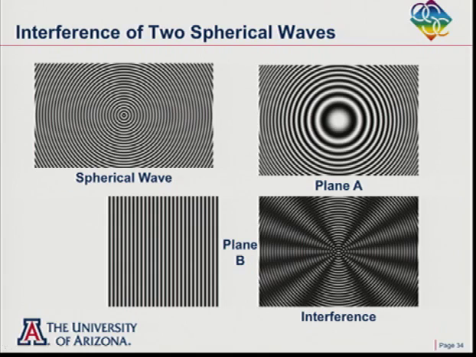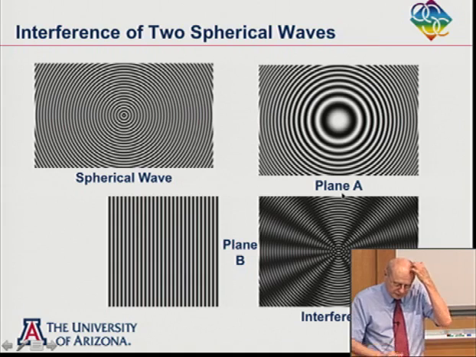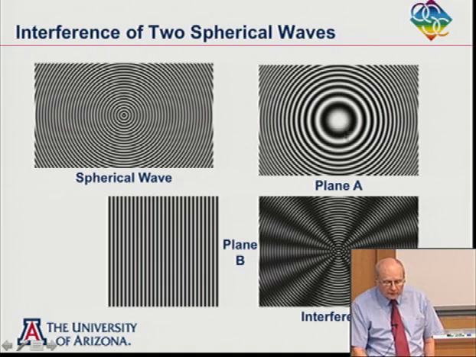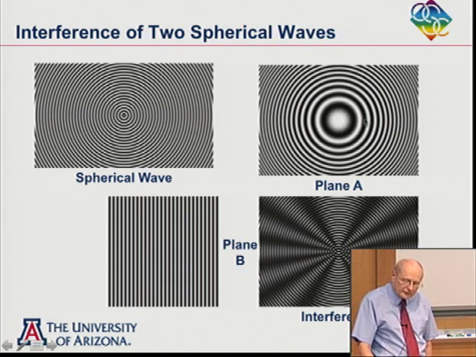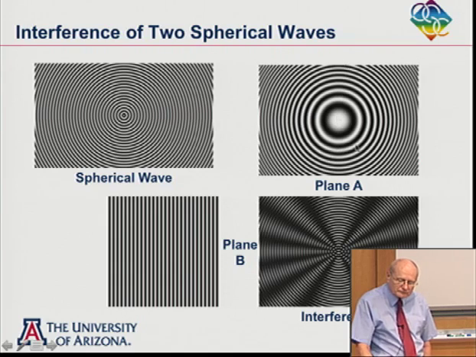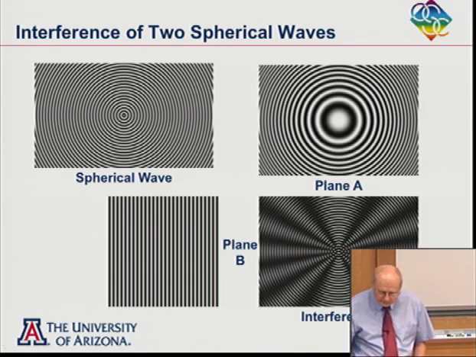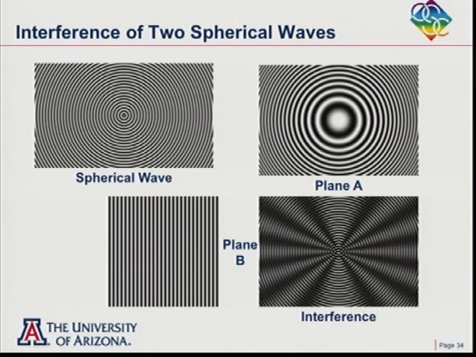In the center, the angle between the two beams is pretty small, so the fringes are going to be widely spaced in the center. As I move out from the center, the fringes get closer and closer together. So in plane A, this is the shape of the fringes that I would see. Okay? So this is all pretty exciting, I think.